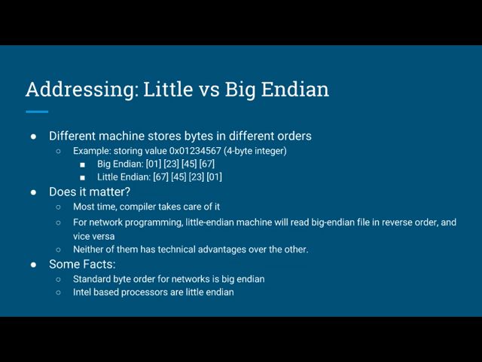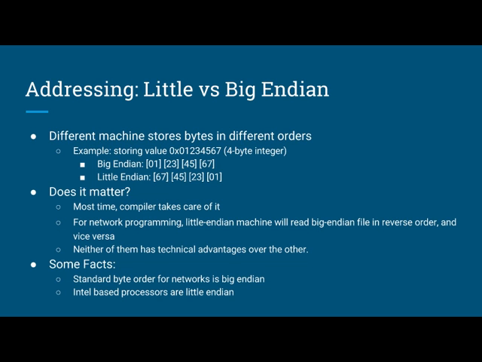When you write programs, for most of us right now, we don't need to care about that because the compiler takes care of this. So it doesn't matter if you write your program in a little endian or big endian machine. It doesn't really matter. But if you do network programming, a little endian machine will read a big endian file in reverse order and vice versa. So why is that?